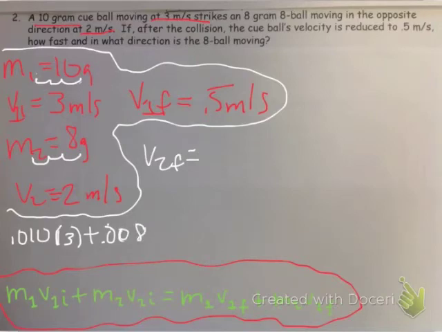Multiplied by our velocity 2, which was negative 2, because we have that negative that was right there.